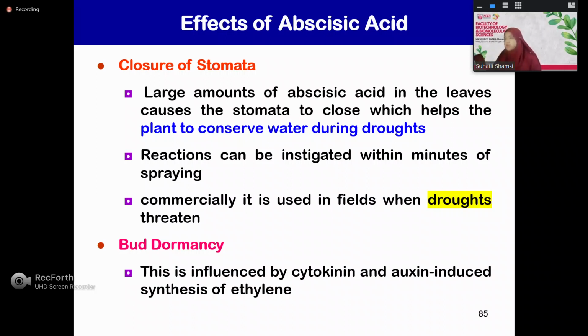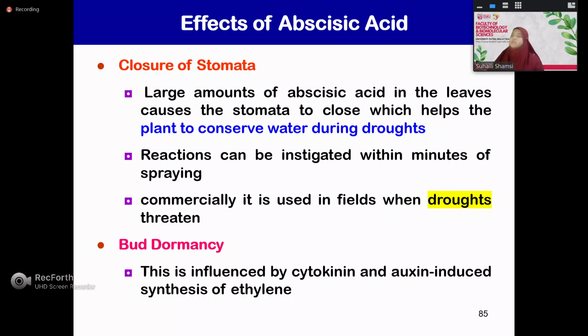conditions such as drought. And bud dormancy, this is influenced by cytokinin and auxin-induced synthesis of ethylene. So it basically causes or prolongs bud dormancy, because we know that abscisic acid is an inhibitory hormone. So it's like a defense mechanism for plants during extreme conditions, right?